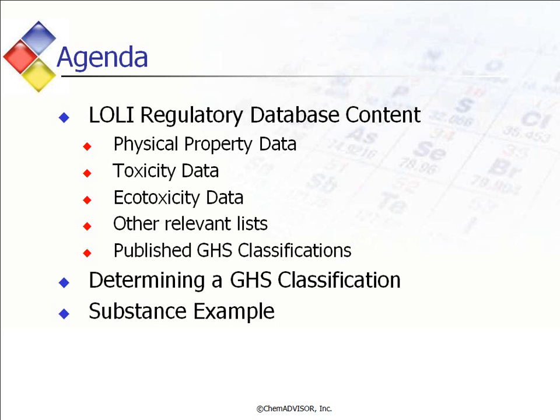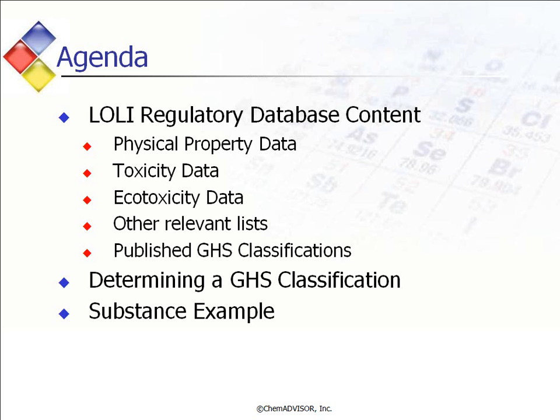So our agenda today includes reviewing the LOLI regulatory database content to show where the physical property data is available and what data the database contains, toxicity data, ecotoxicity data, and those are the things that are most straightforward.